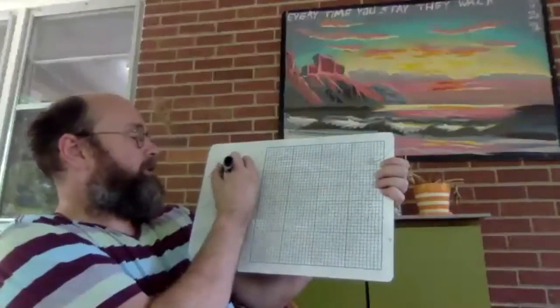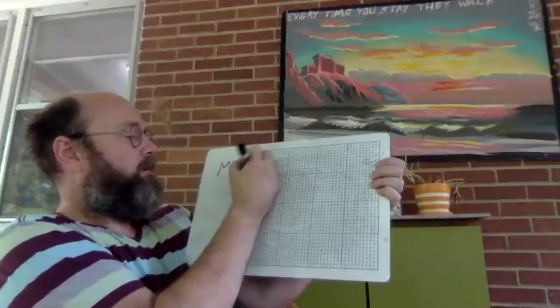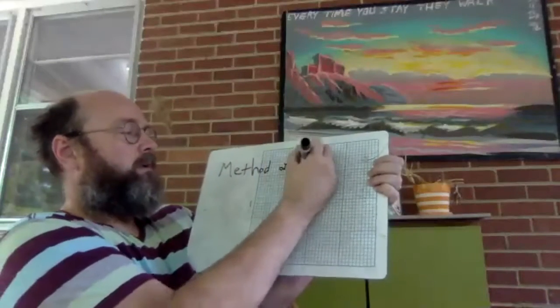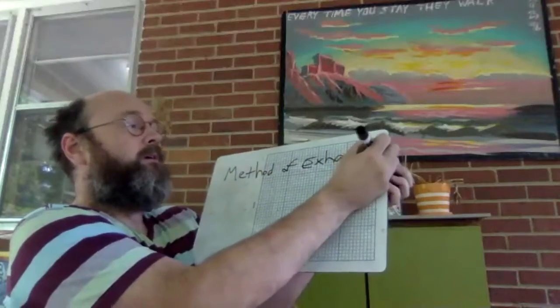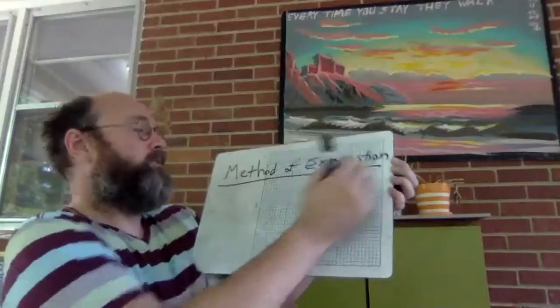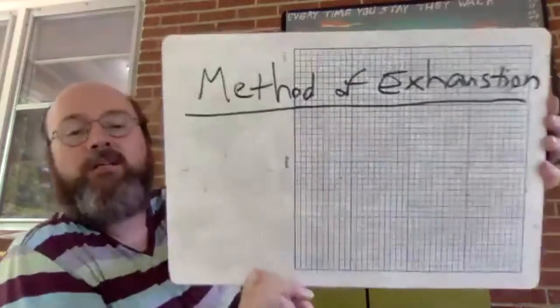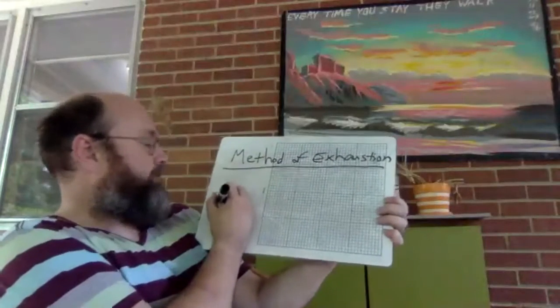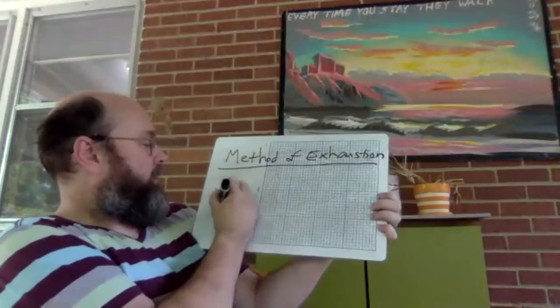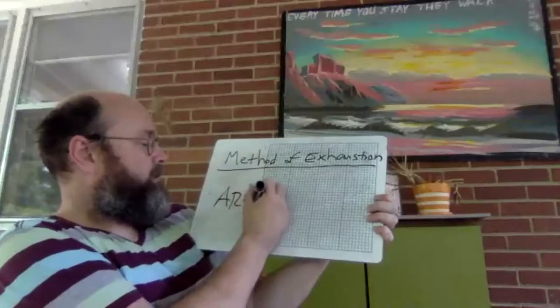And so the method of exhaustion, to me, this is the storyline of the whole semester. The storyline of the whole semester starts with ancient Greece. It starts with the method of exhaustion, because the method of exhaustion says that from the start, in order to compute areas, right?